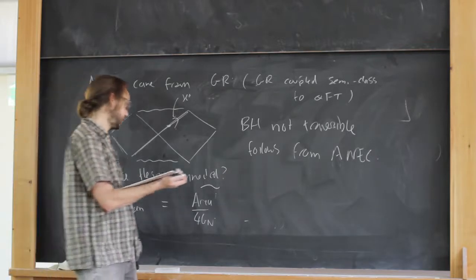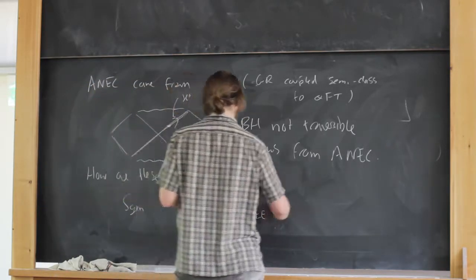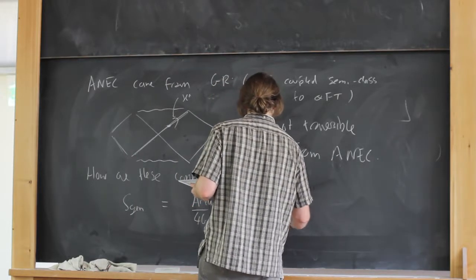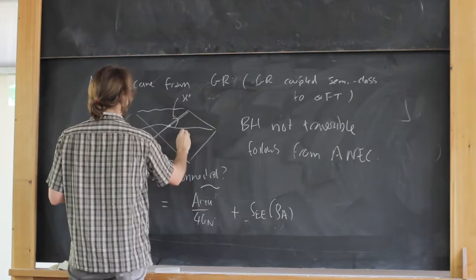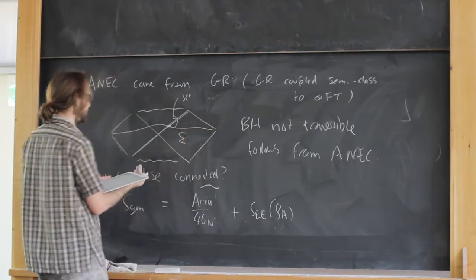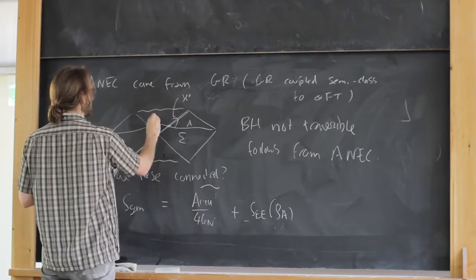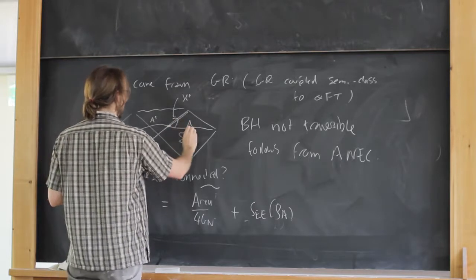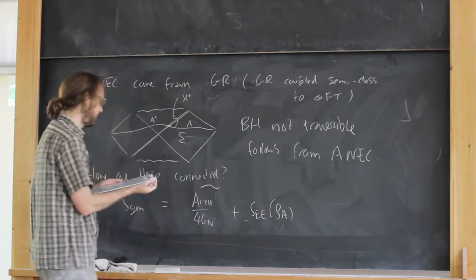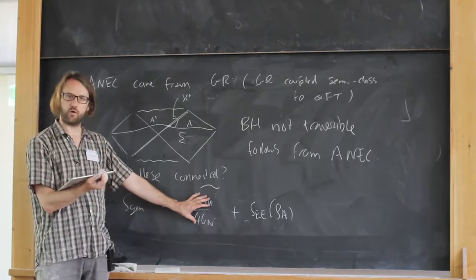It seems that the correct thing to do is to take the entanglement entropy of some fields. In this situation, we would think about some Cauchy slice in this black hole background, split the Cauchy slice into A and A complement, and consider the entanglement entropy of matter fields in this region. And then it's natural to add that to the area of the black hole.